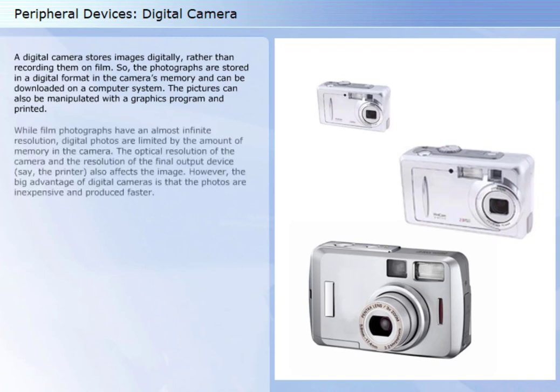While film photographs have an almost infinite resolution, digital photos are limited by the amount of memory in the camera. The optical resolution of the camera and the resolution of the final output device, say the printer, also affect the image. However, the big advantage of digital cameras is that the photos are inexpensive and produced faster.